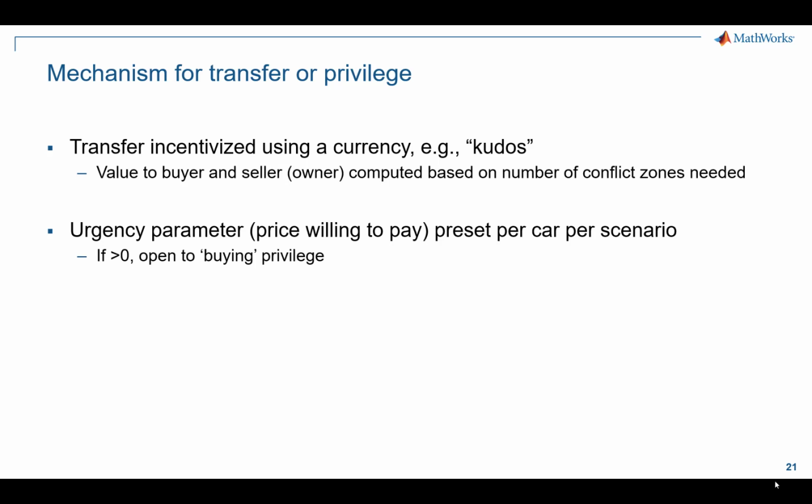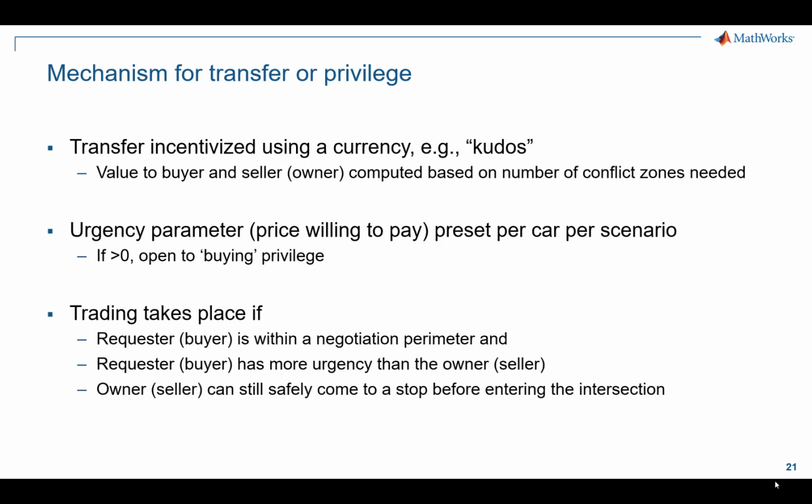And there is an urgency parameter, which is basically there to capture the amount of price that you're willing to pay to have access to a particular zone. And that's preset per scenario per car. If that number is greater than 0, then you are open to buying privilege from some other car.